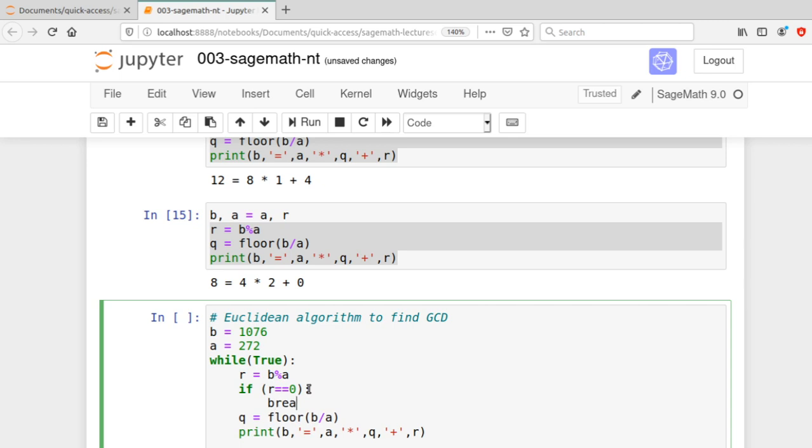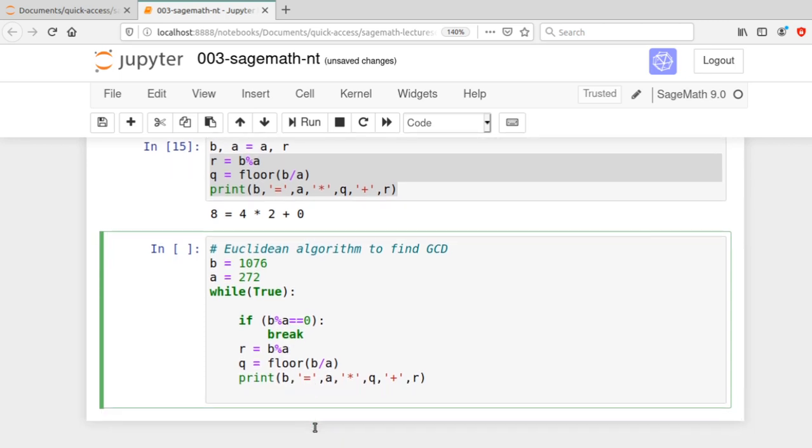So if r is equal to 0, we will stop this loop or break this loop. But remember that we need only the non-zero remainder. Therefore, instead of checking this r, we will check if b percentage a, that is the remainder, is 0 or not. If b percentage a is non-zero, then only we will mark that b percentage a as the remainder, r equal to b percentage a.